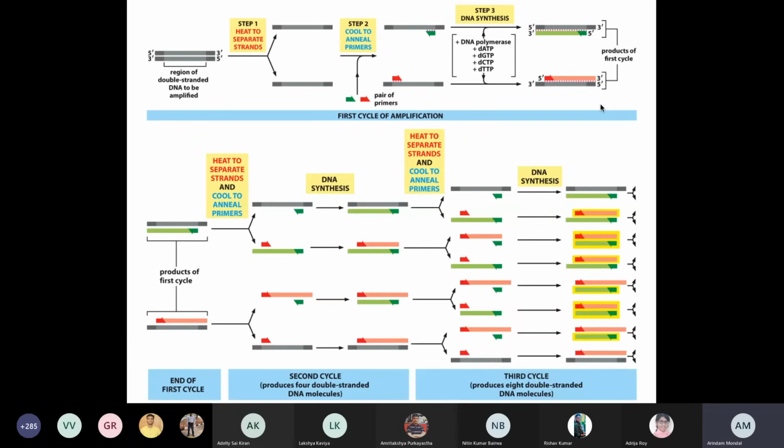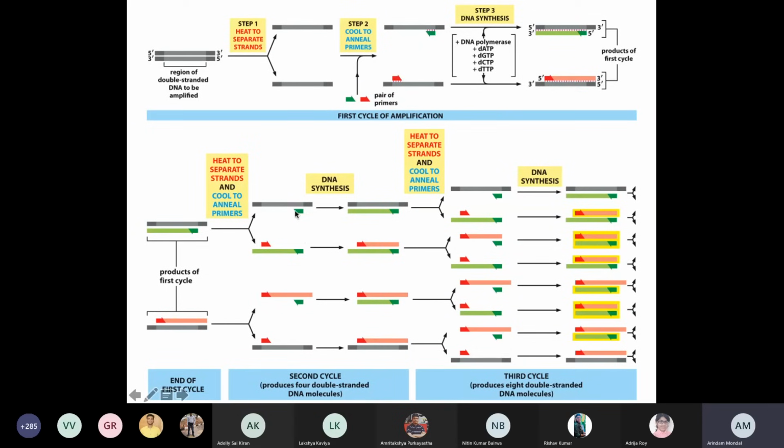Let's see. Now let's think about the second cycle. So you have this product achieved after the end of the first cycle. They should act as a substrate for the second cycle. So during the second cycle, again, you will heat them up. You perform the denaturation process, and they will get separated from each other.